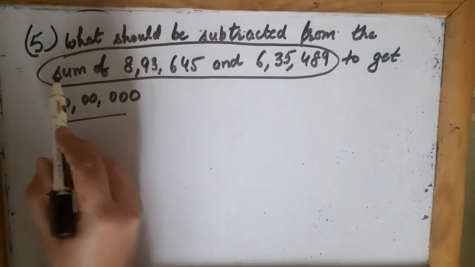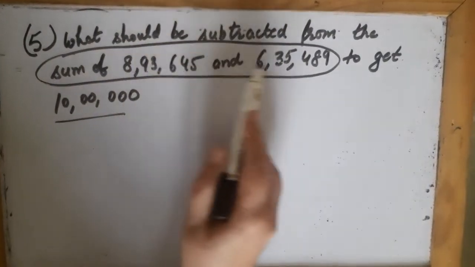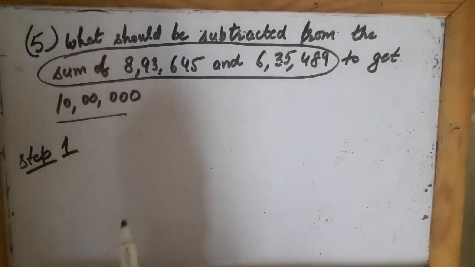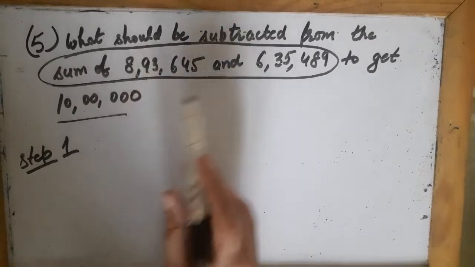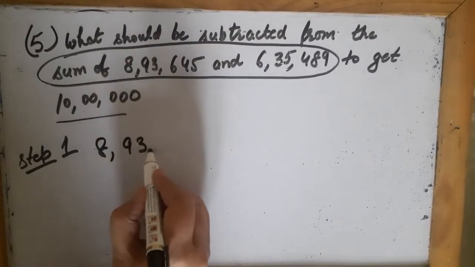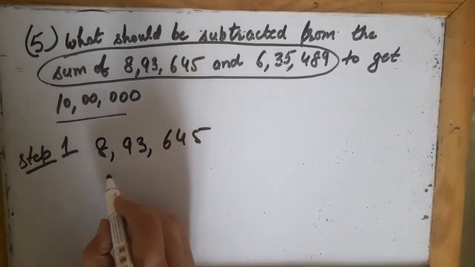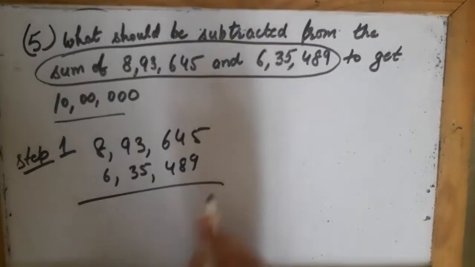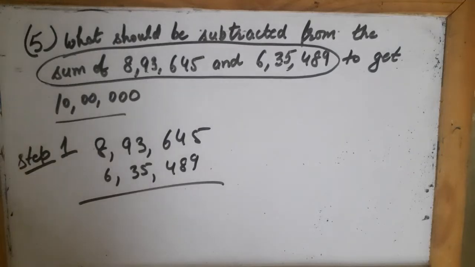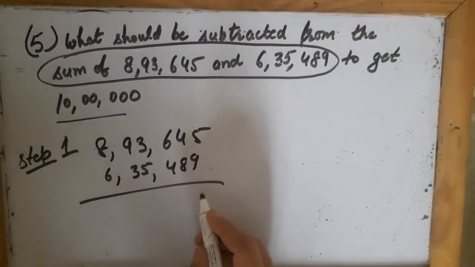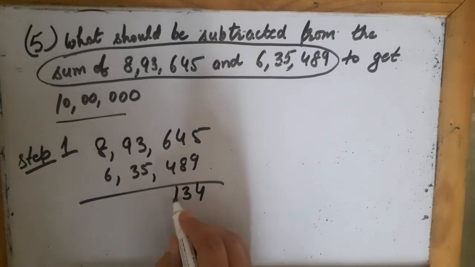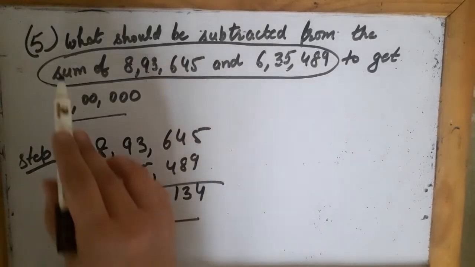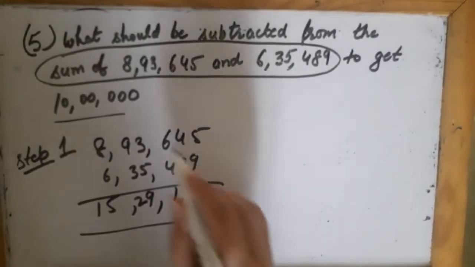Now what I will do, first I will take the sum of these two numbers. So I will do this sum in two steps. First of all, I'll take the sum of these two numbers, means I will add these two numbers. So what I will get when I add these two numbers, I'll get, okay, so this is the sum of these two numbers.